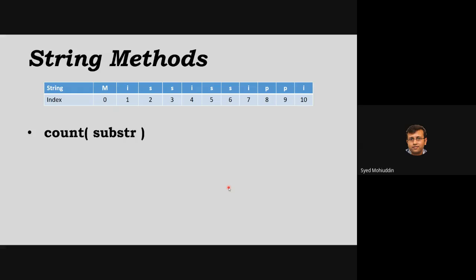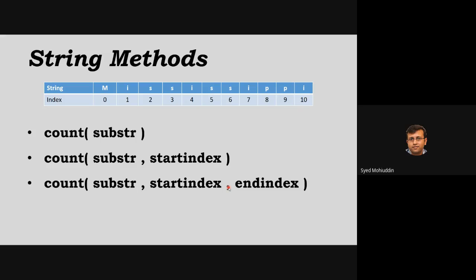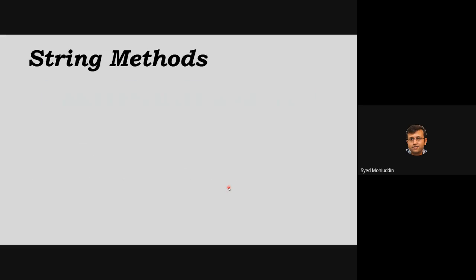Now there is a method count, where we can count the number of occurrences of a substring. Count also has a slicing part, that is start as well as end index, to start the counting from a certain index, or count the substring between certain start and end index. Then we have a split function.